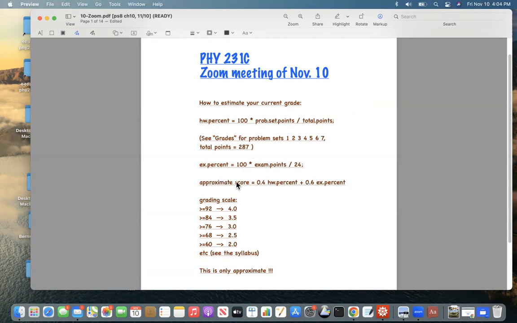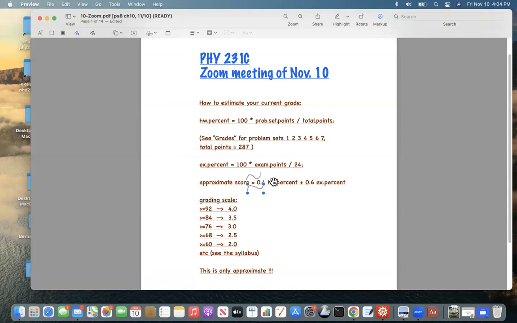Then your approximate score as of today would be estimated by, I really should say here, not equals, but approximately equals, because this is only an estimate after all.